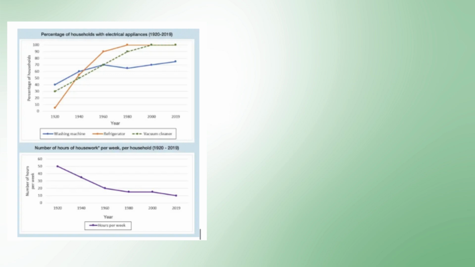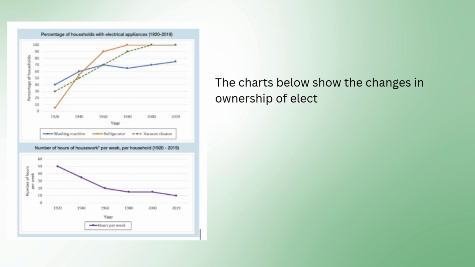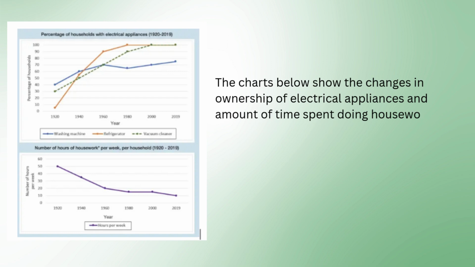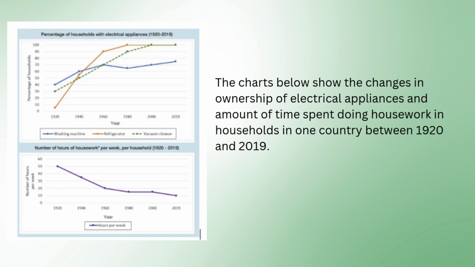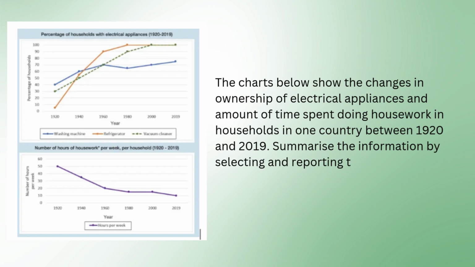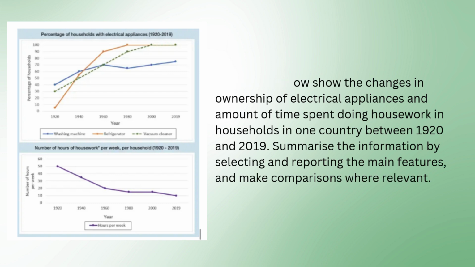involvement. Line graphs. The charts below show the changes in ownership of electrical appliances and amount of time spent doing housework in households in one country between 1920 and 2019. Summarize the information by selecting and reporting the main features, and make comparisons where relevant.